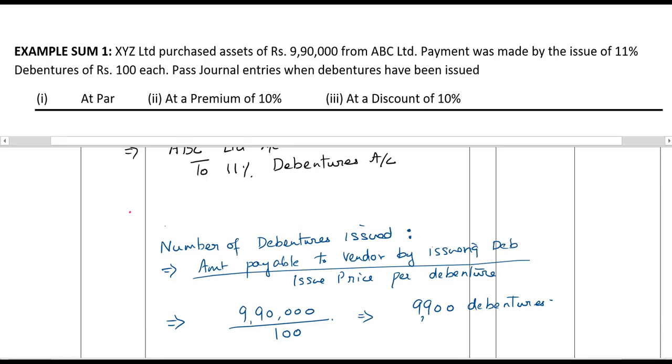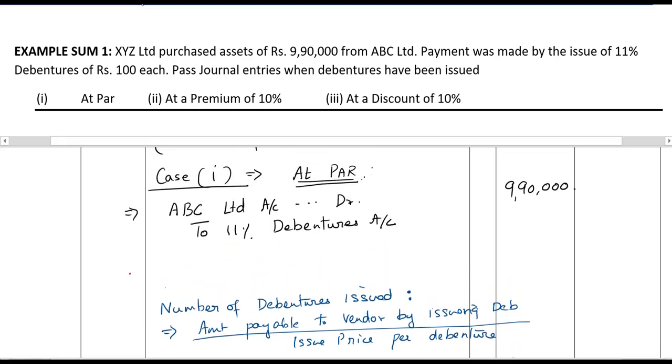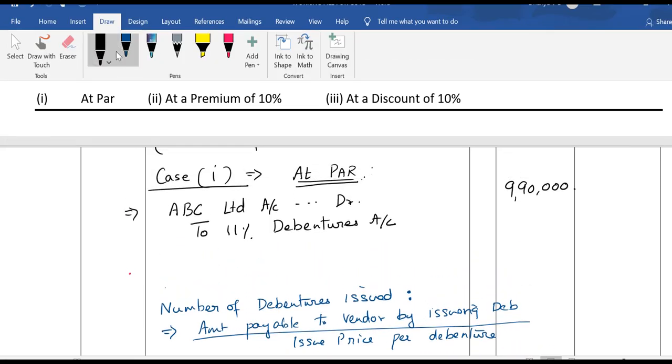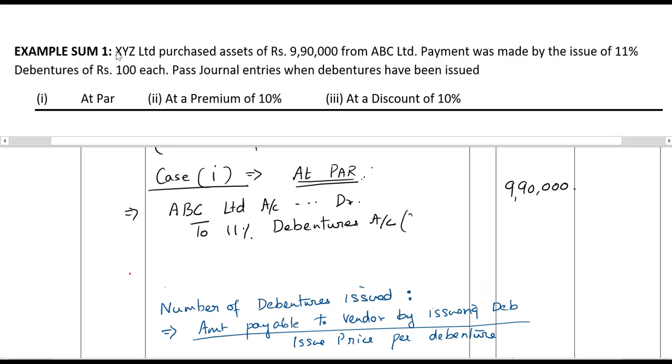So let's insert it in our journal entry. Against 11% debentures account, we need to write the 9,900 debentures multiplied by the face value of the debenture, which is rupees 100, comes up to 9,90,000 rupees.